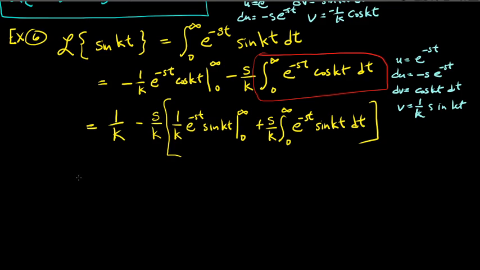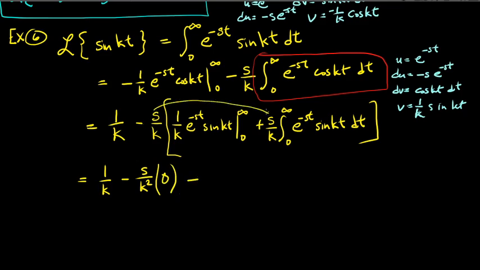Okay, so let's see, we get 1 over k, and then we can distribute this. This is minus s over k squared times, well, now you get e to the negative infinity, which is 0, minus sine of 0 times 1. Sine of 0 is 0, so you just get 0 minus 0 here. So that's just 0, right?